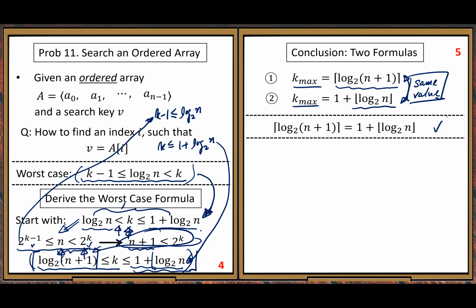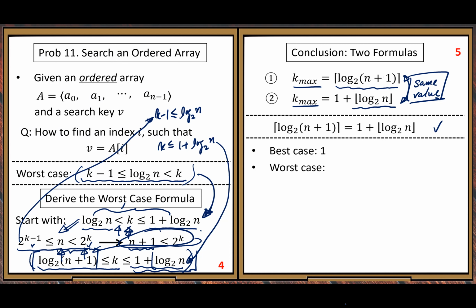We have less than 10 minutes. Actually, in my notes, I have the mathematical induction part, but we still need to do a lot of work. The best case, we know one comparison.